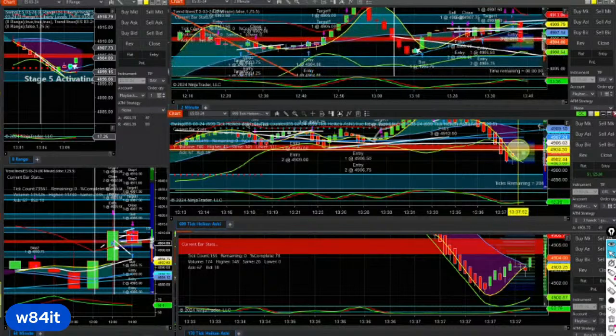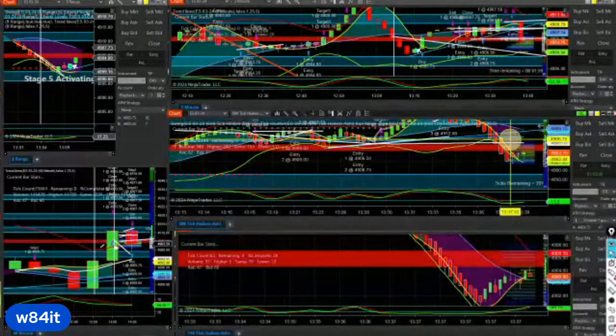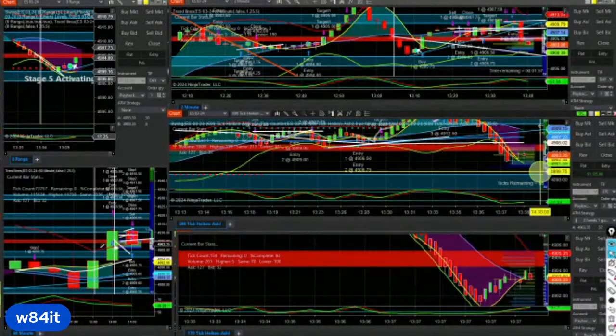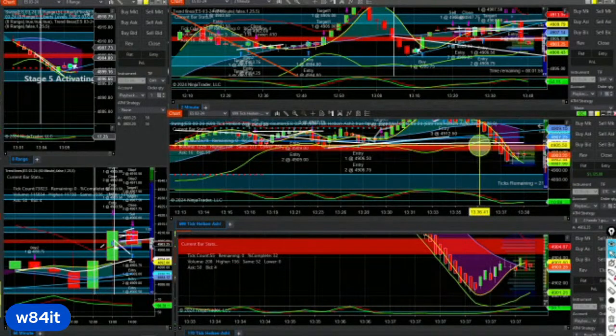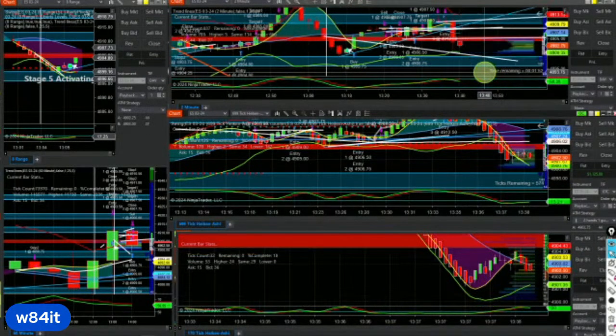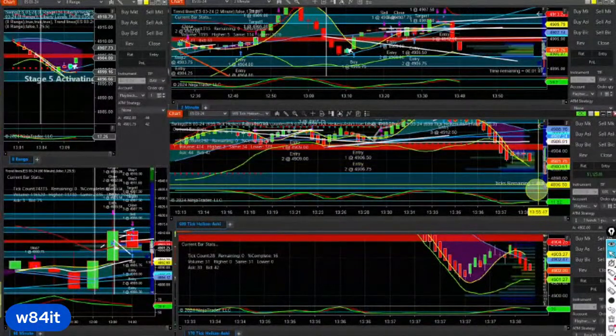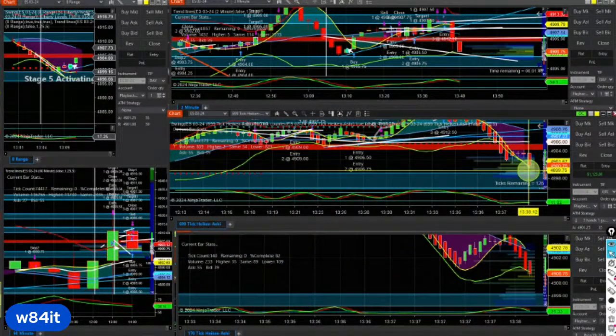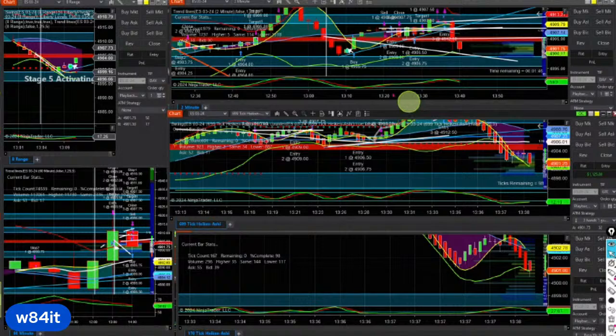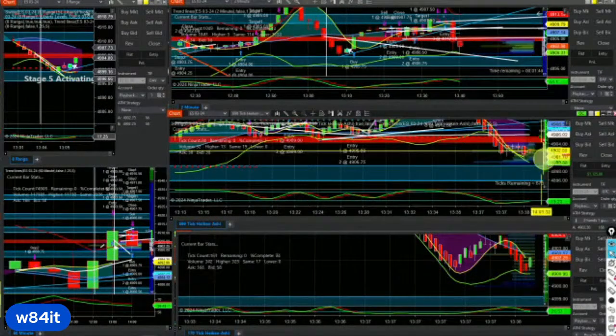All right, so waiting for this to test this and pull back one more time. There's your push back down right there. This would be for the omega right here.